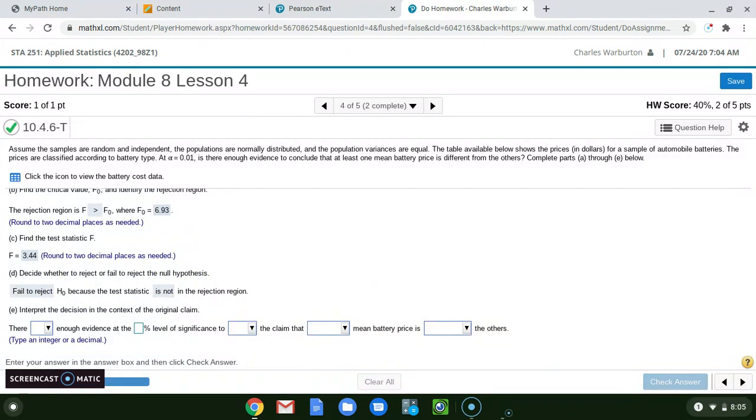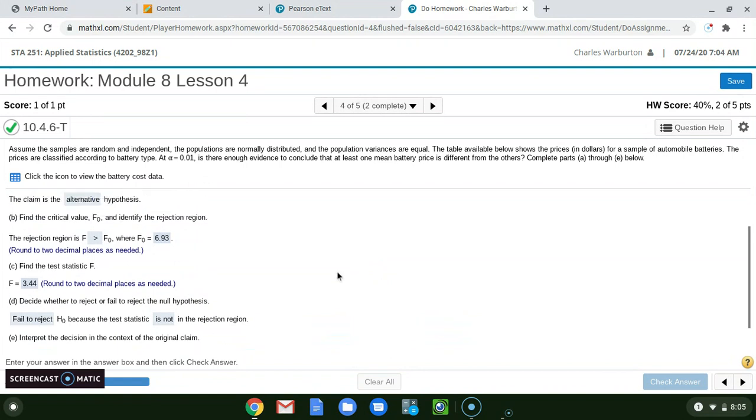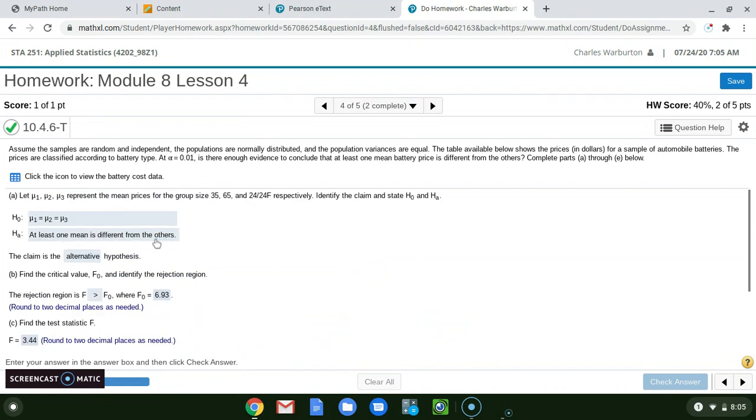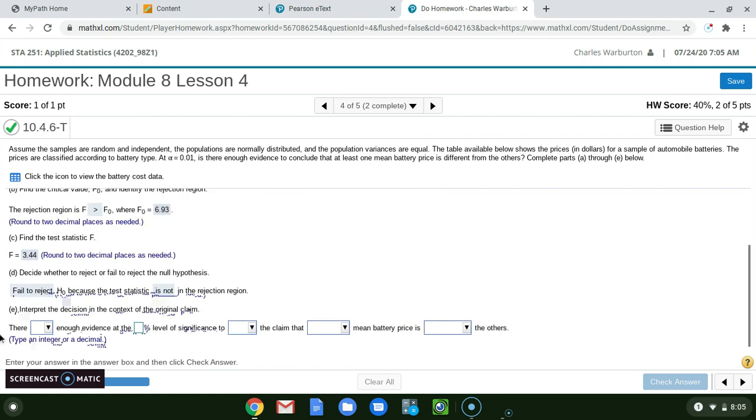So if I fail to reject the null hypothesis, that means that I accept the null hypothesis, or at least fail to reject it. We're good there, and we're not so good here. There's not enough evidence for the claim. This is a statement about the claim.